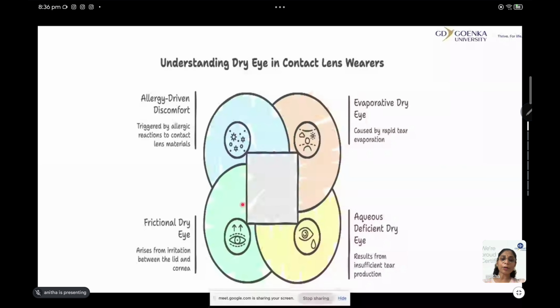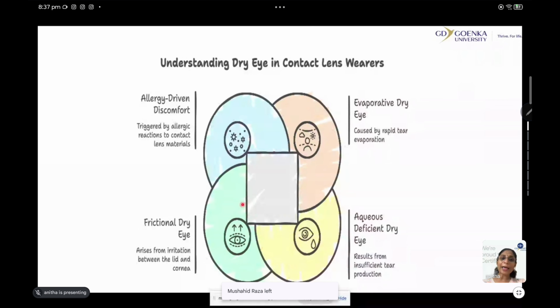Frictional dry eye arises from irritation between the lid and the cornea. Why will there be increased friction? Because the lens gets dehydrated. Because of dehydration, there is more friction between the lid and the contact lens surface, and that causes desiccation in the lid wiper region, leading to lid wiper epitheliopathy, then discomfort, and eventually dropout from contact lens wear.